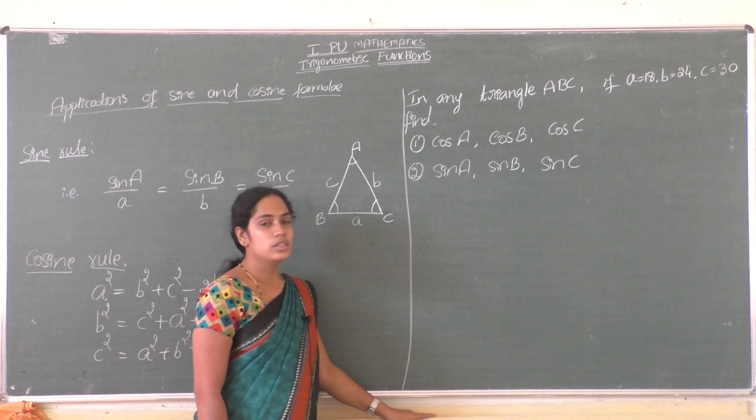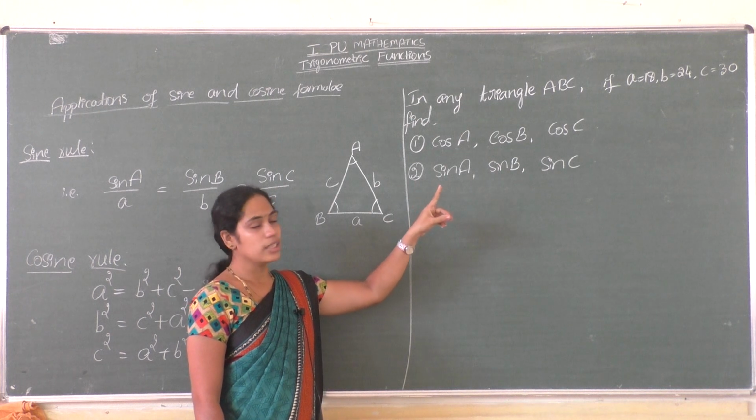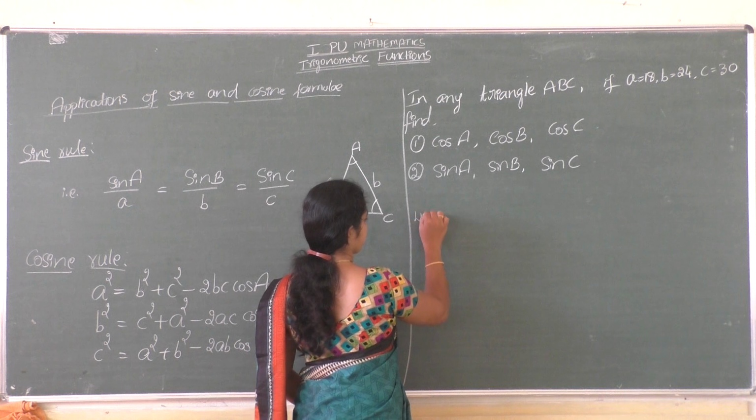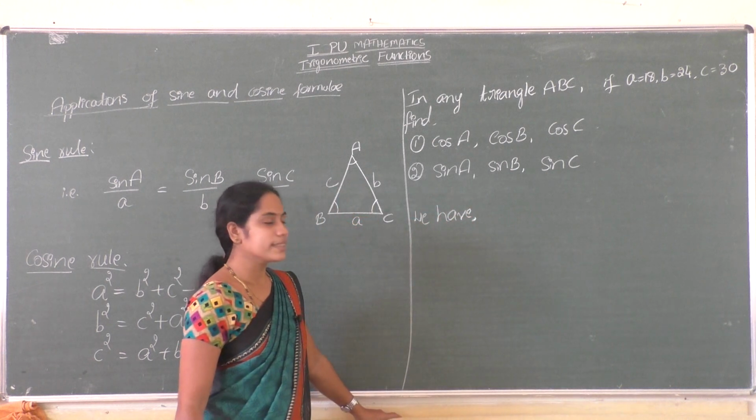We have formulas for cos A, cos B and cos C, right? What is the formula?